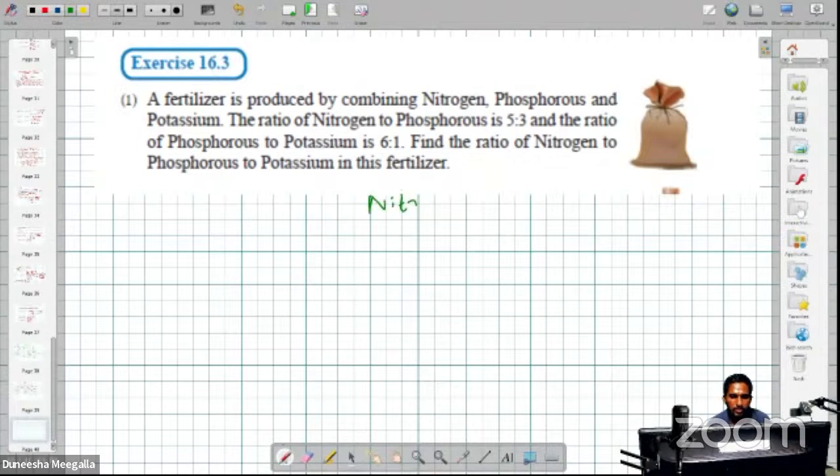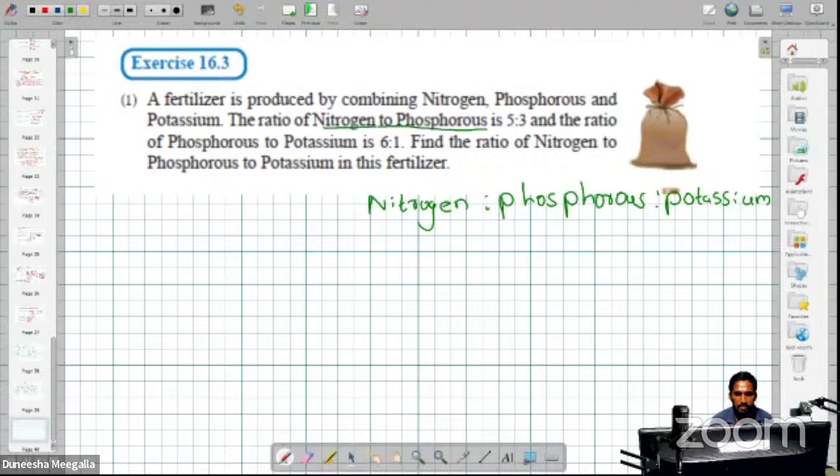Nitrogen to phosphorus to potassium. Can you find? What is nitrogen to potassium? What is the ratio?